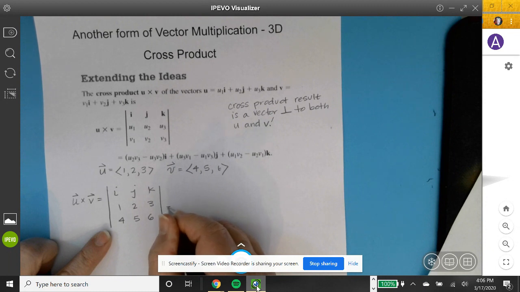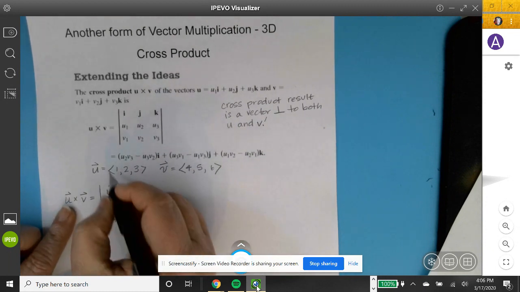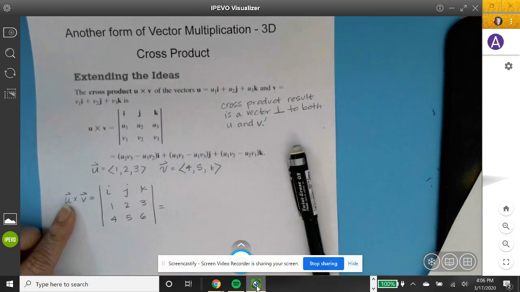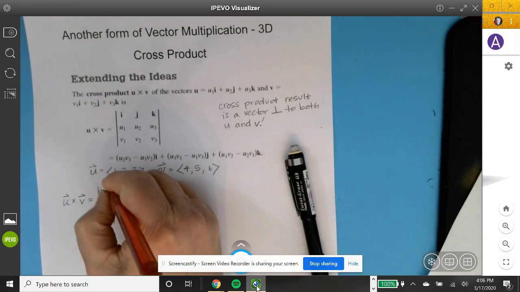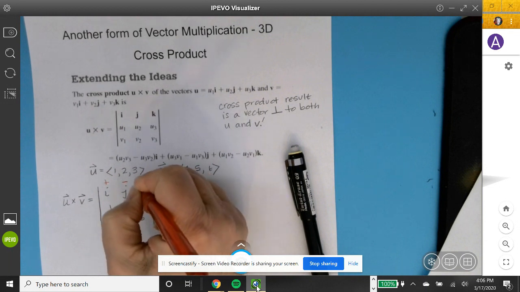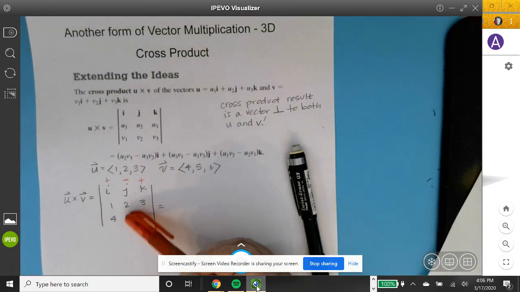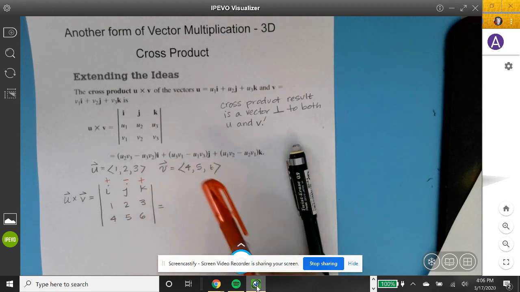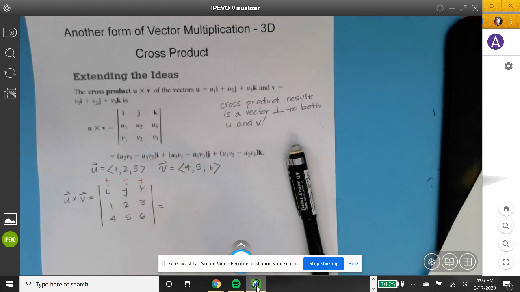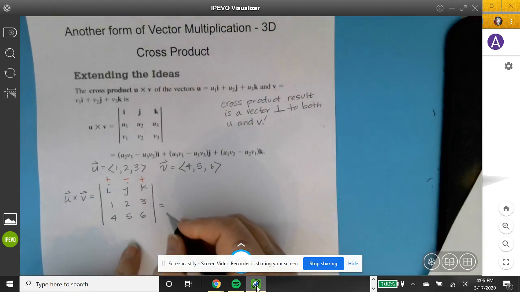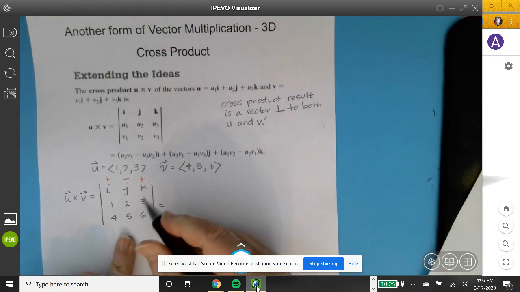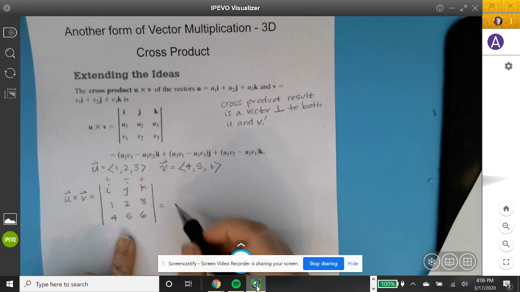Now, what I'd like you to remember is that you're going to have to put a plus up here, a minus up here, and a plus, because when we're using the second column, we're going to put a negative in front of that calculation. All right, so this is how you do it. I am going to do the first one.